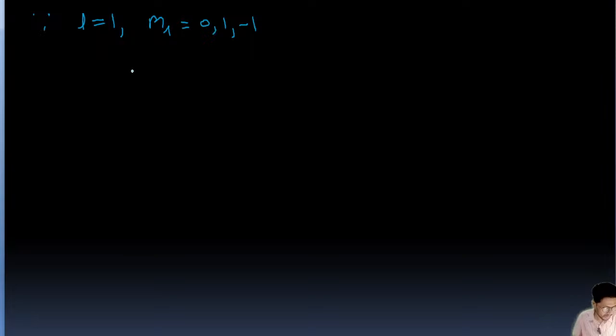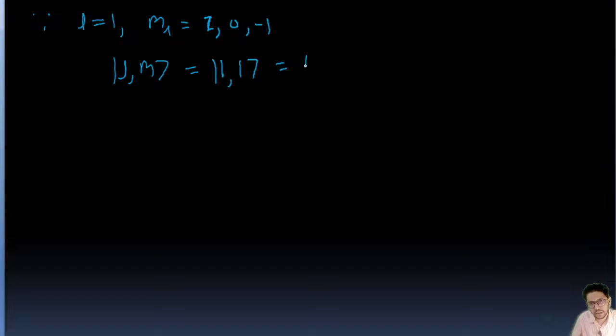You need to understand this. These are the |l m> states. First we take l equal to 1 and m equal to 1. This is going to be |1 1>.